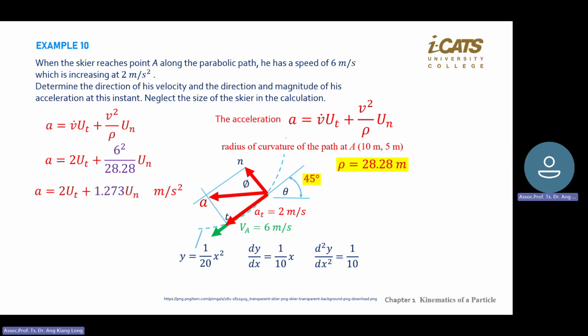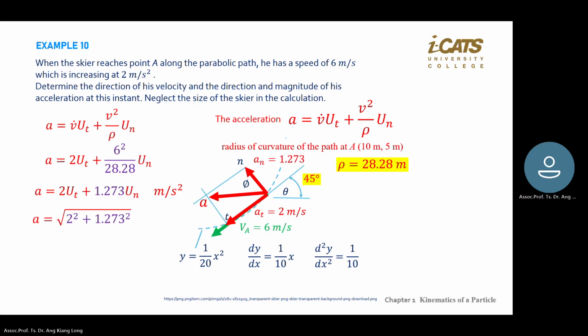And you write it in vector form. In vector form, A equal to a constant value times T unit, and a constant value times N unit. Then you need to find the resultant, which is the square root of the sum: square this one, square this one, square root.